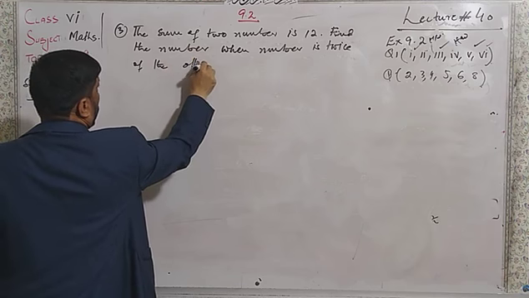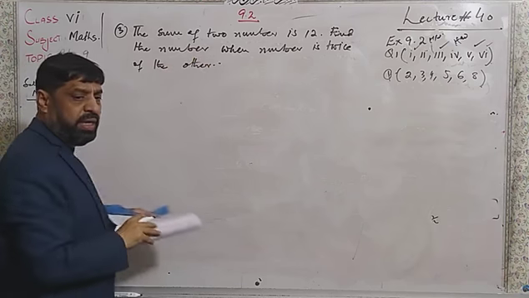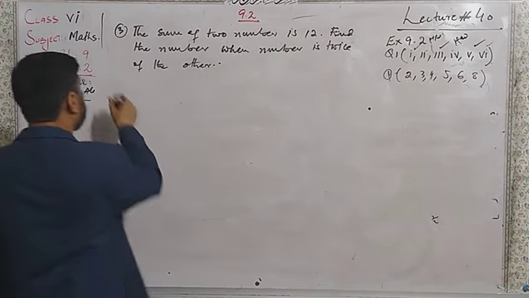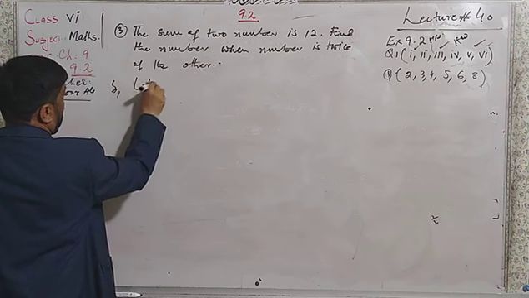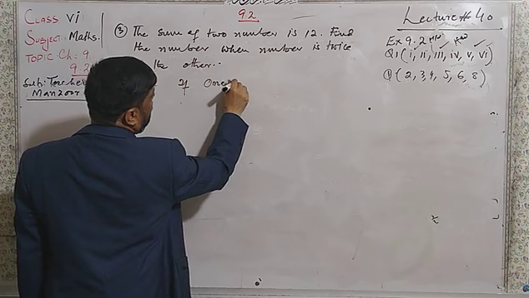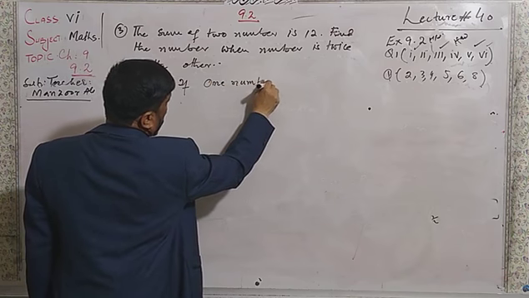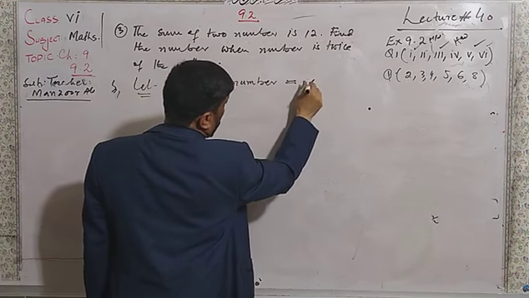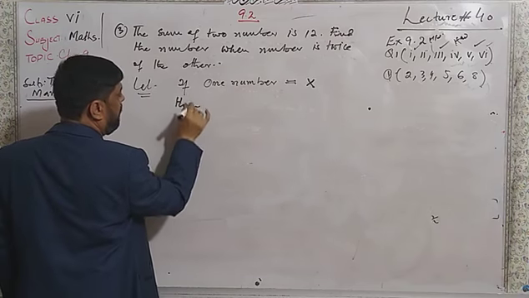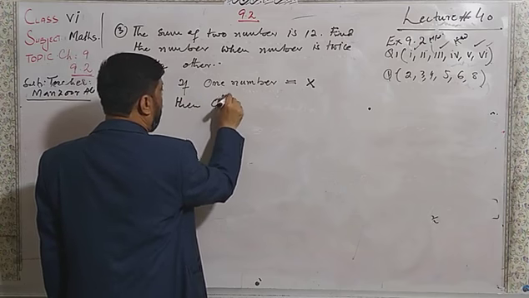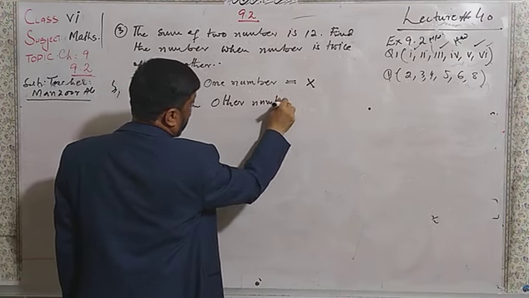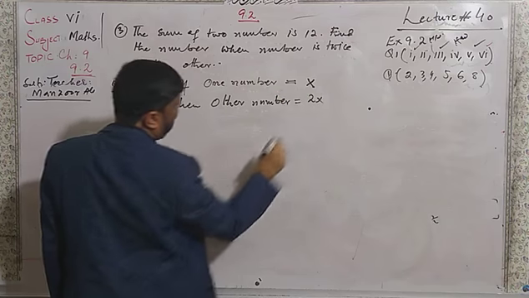Dear students, there is a hint in your book also. If one number is equal to x, then the other number, that is twice of it, is equal to 2x.